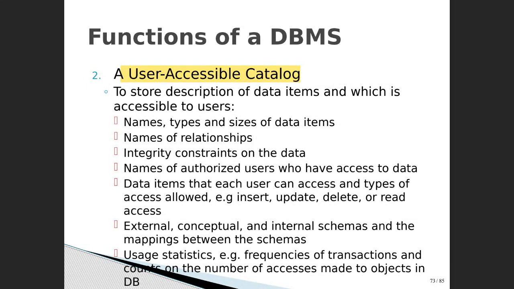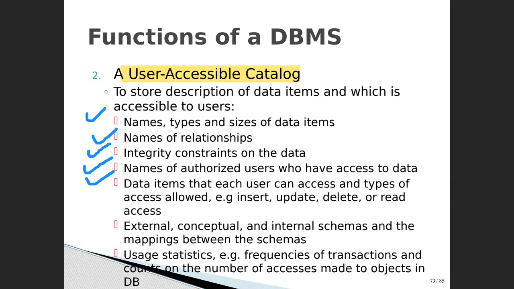For example, it will include names, types, and sizes of data items, names of relationships, integrity constraints or rules or restrictions, names of authorized or unauthorized users, data items that each user can access, and types of access allowed, like whether it is allowed to insert, update, delete, or read.